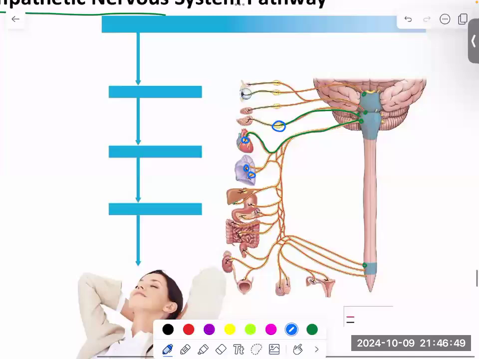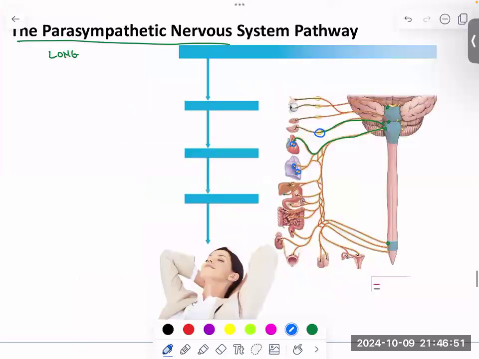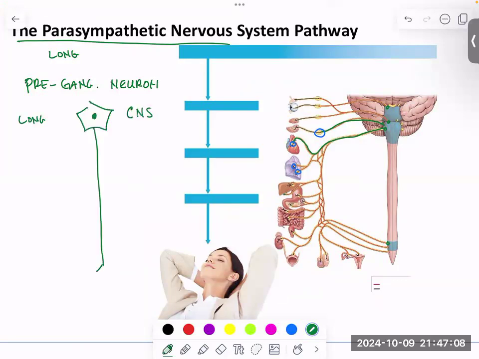So the preganglionic neuron is long. Here it is coming out of the spinal cord or the brain, and it is super long. It gets to the ganglion.